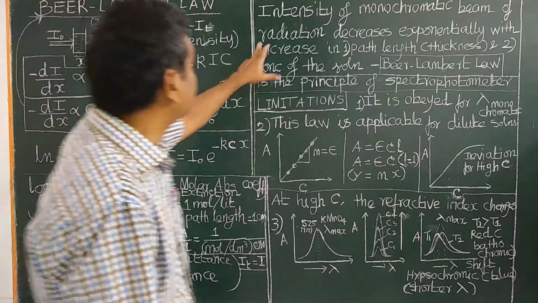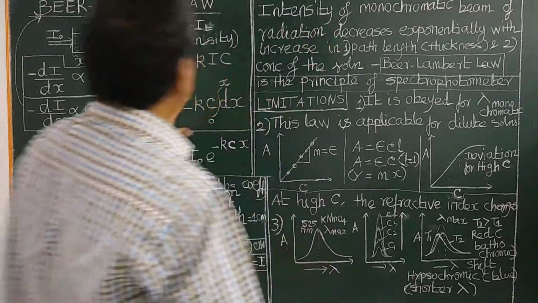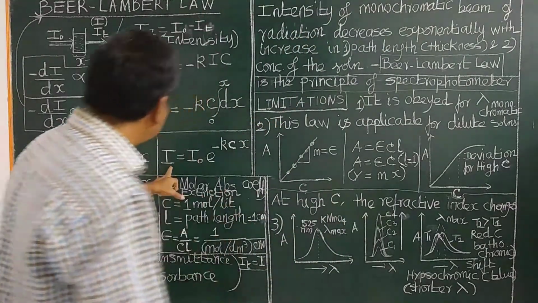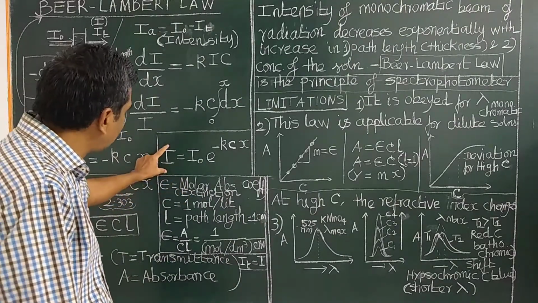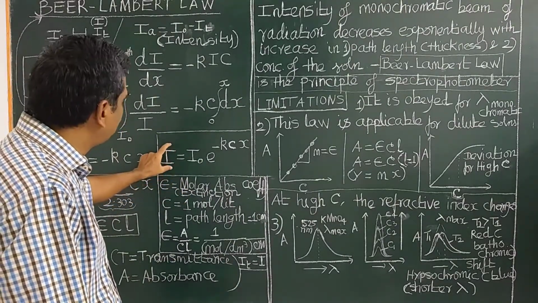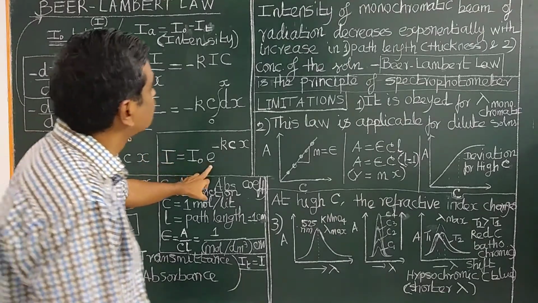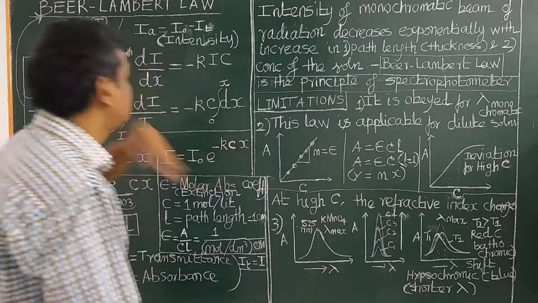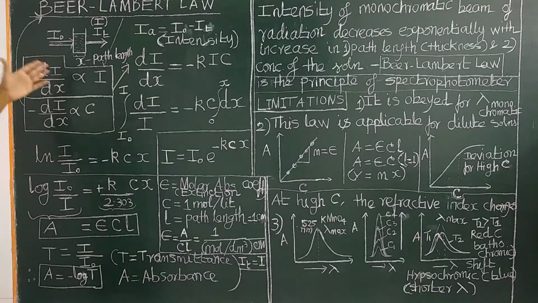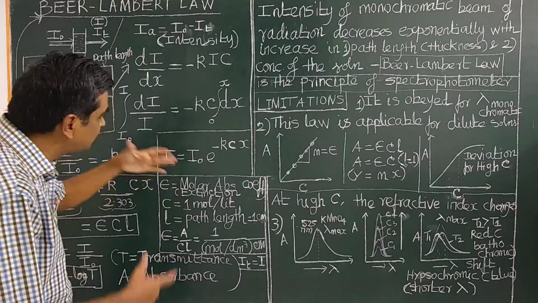Now how is it defined? Beer-Lambert's law states that the intensity of the monochromatic beam of radiation decreases with respect to increase in concentration. If you increase the concentration, the intensity decreases very much.